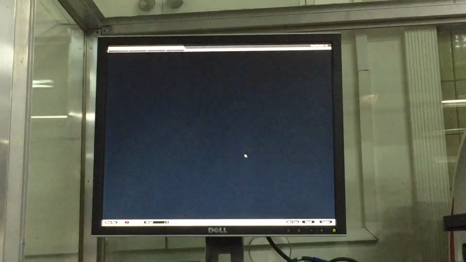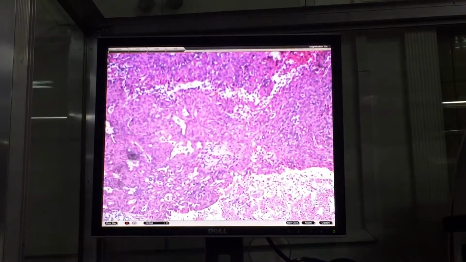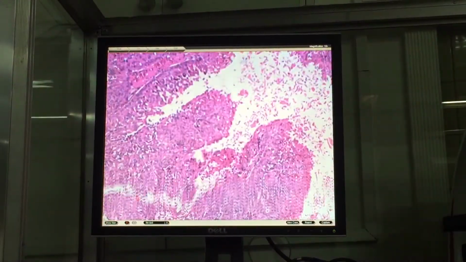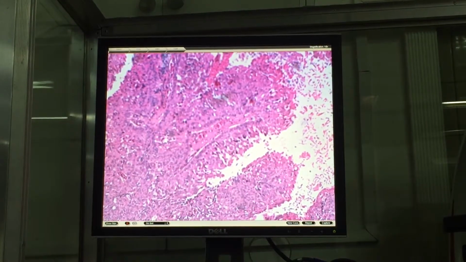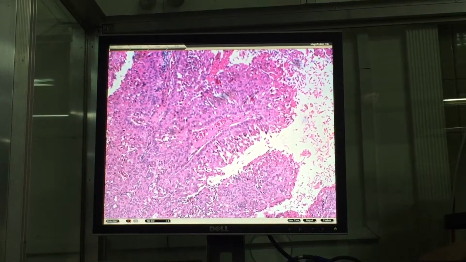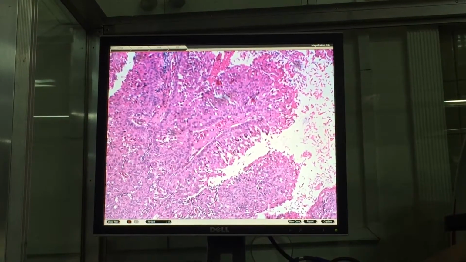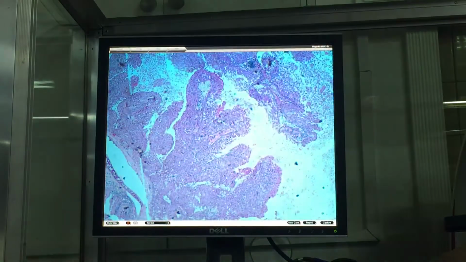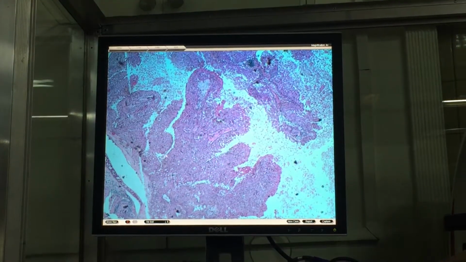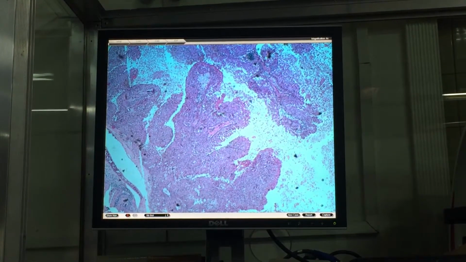Okay, what you'll see in urothelial carcinoma. See this one at low magnification, mostly it is polypoid. You will see papillary projections like this one.